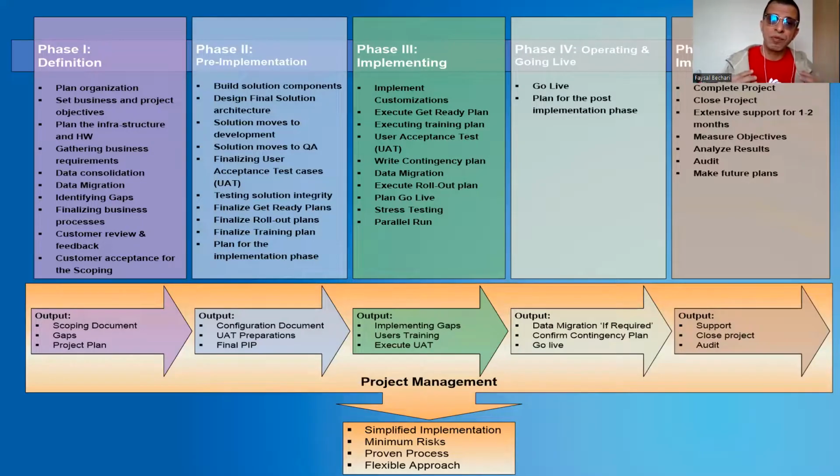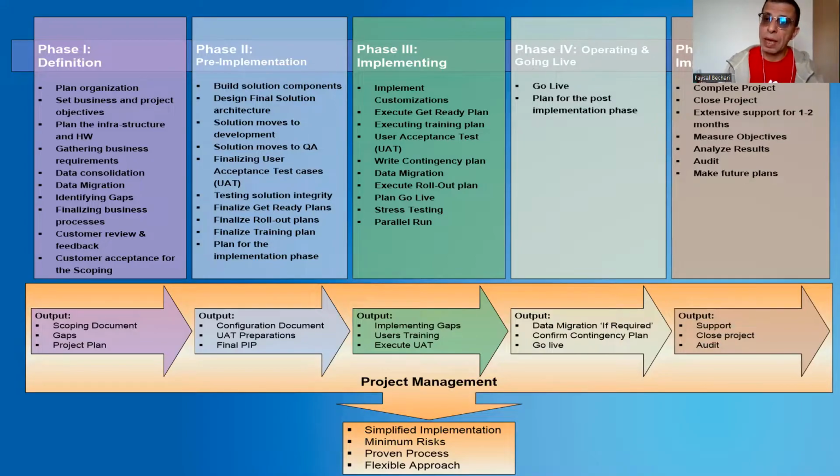The first phase is what you call a definition, and in the definition you should be planning to come up with outputs like a scoping document, gaps, and a project plan.